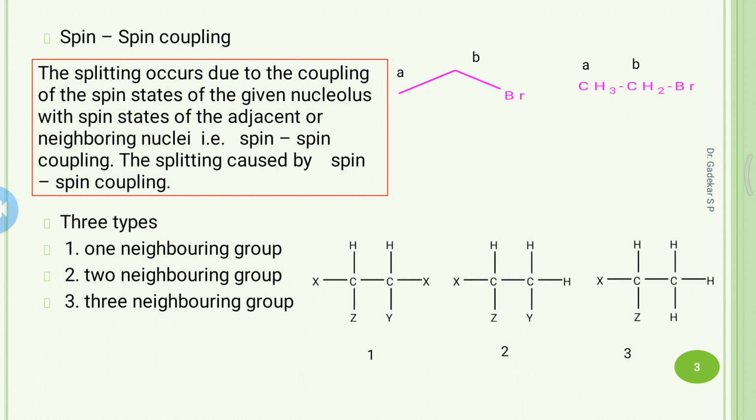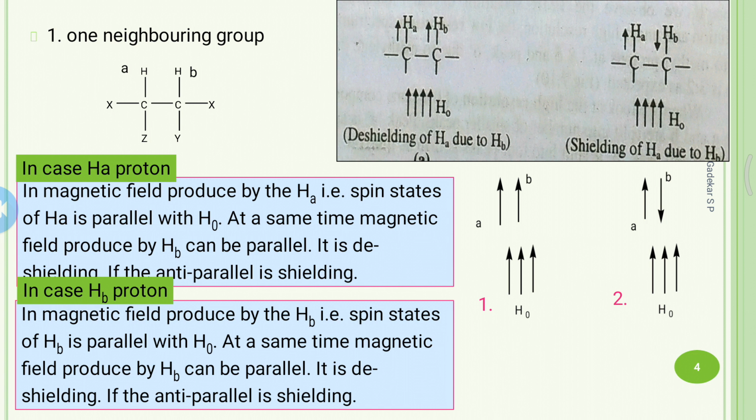So there are three neighboring groups. So in the first example, one neighboring group is present in the compound.